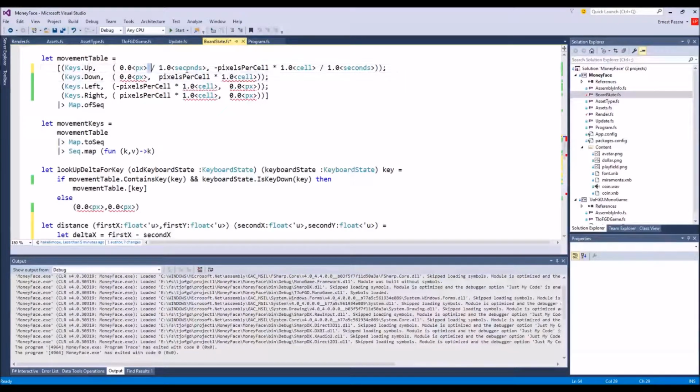Okay, well, 0.0 px per seconds. And I don't like the fact that it's seconds. I don't like the name. You know what, this should work.